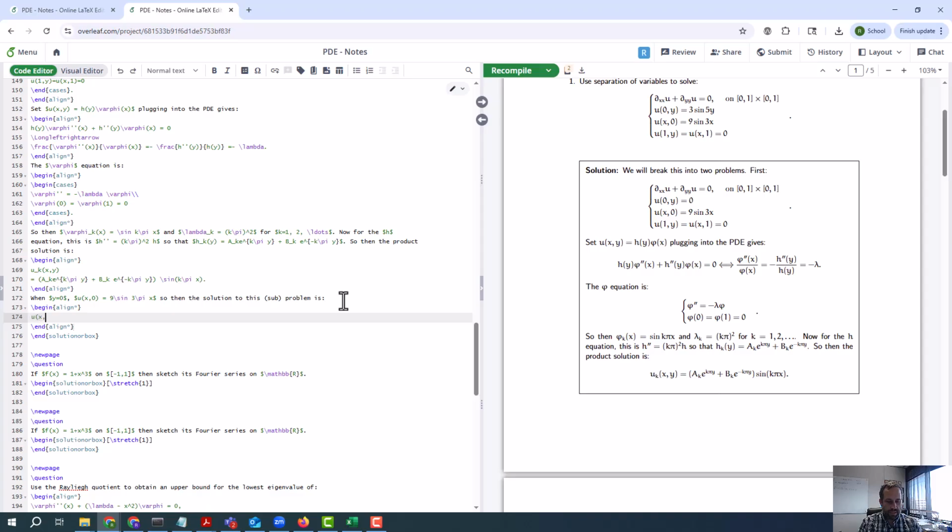u of x comma y is equal to, okay, we only want when k is equal to 3 because we have the 3 there.